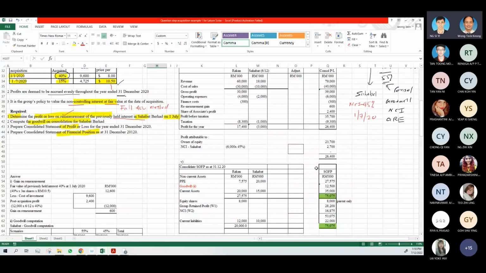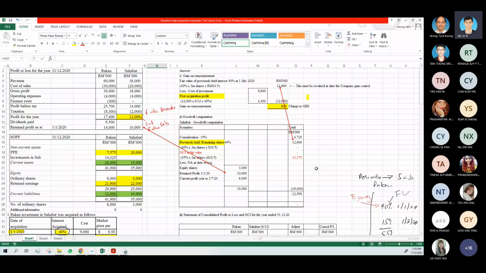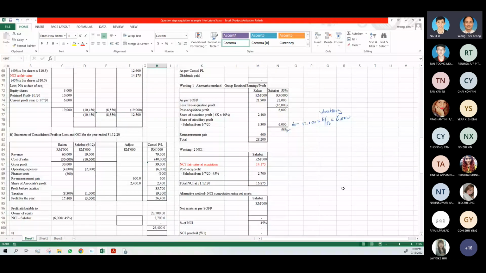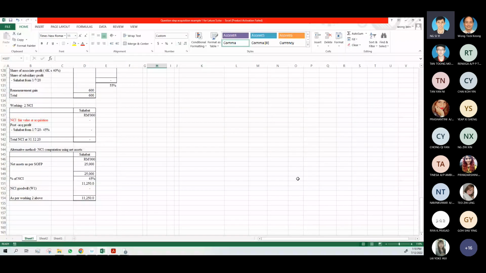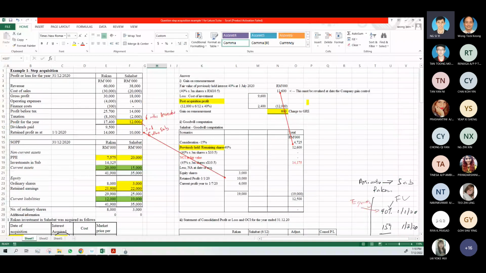So these answers are given here. So you can alternatively use the group retained earnings and ending NCI to compute. So after all, not so difficult, eh?